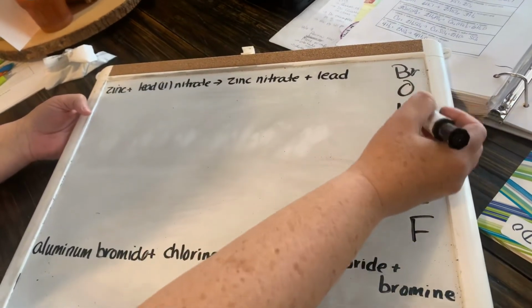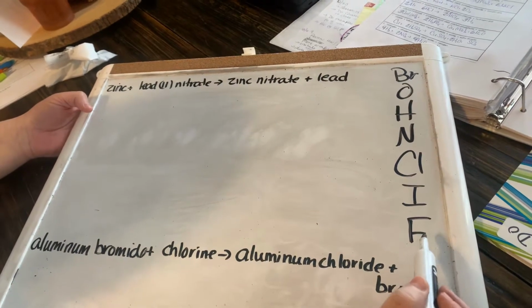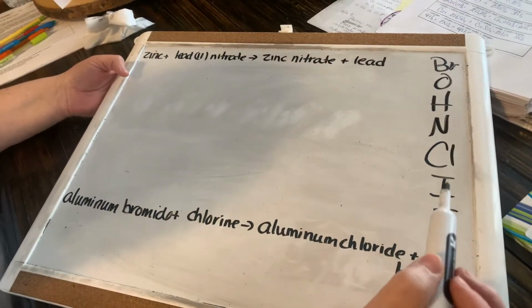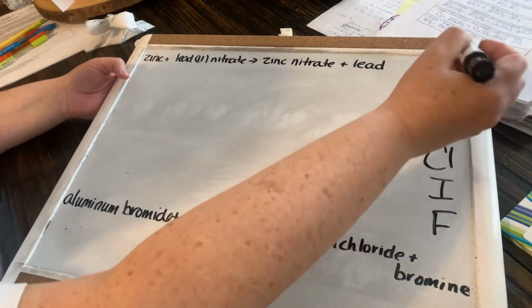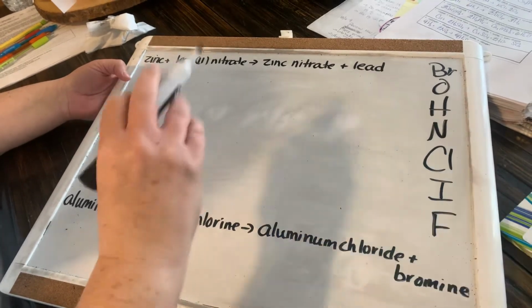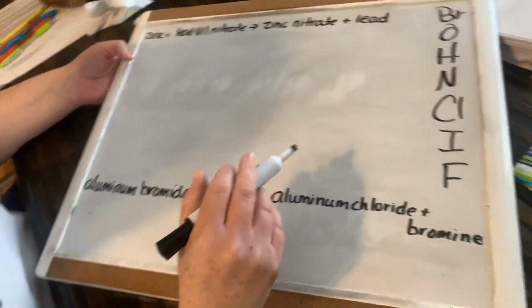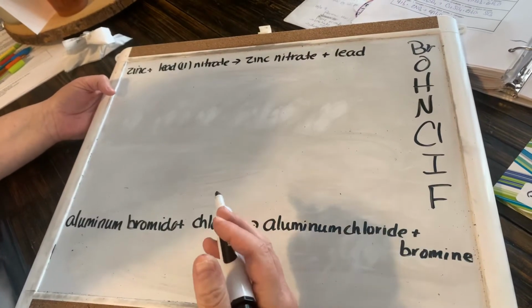So bromine, oxygen, hydrogen, nitrogen, chlorine, iodine, and fluorine, when they're by themselves only, it'd be Br2, O2, H2, N2, Cl2, I2, and F2. If they're in a compound, then they go by the periodic table and whatever charge they have.